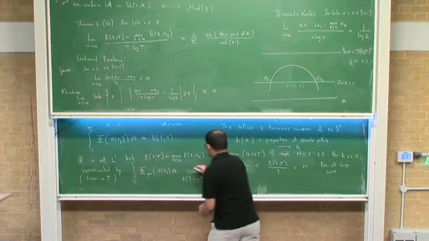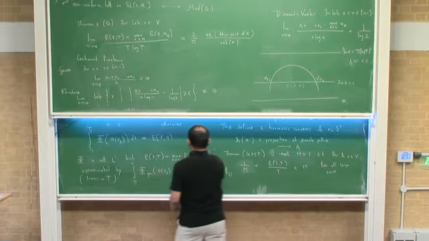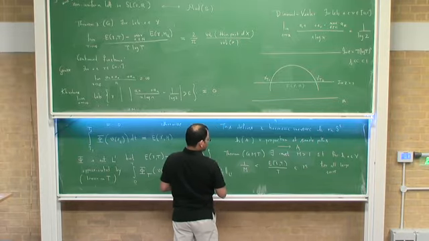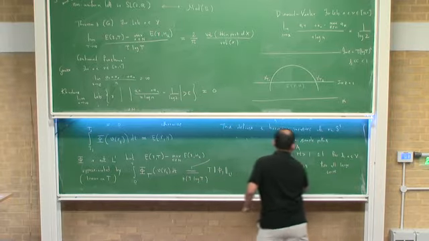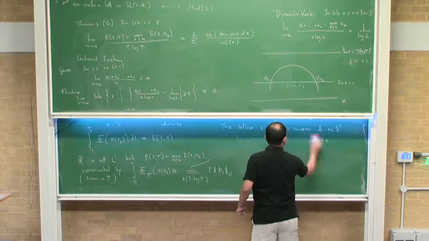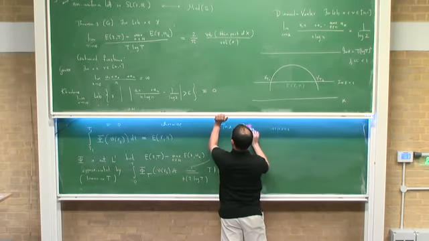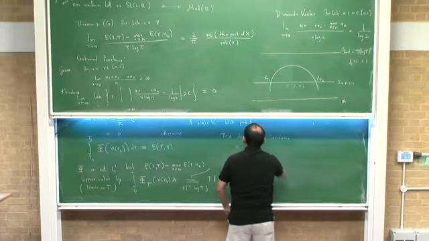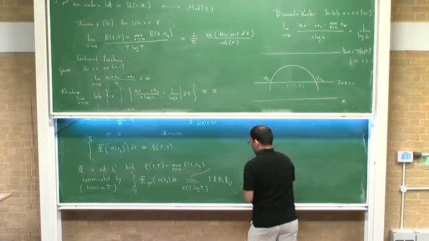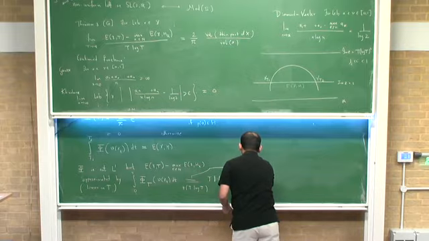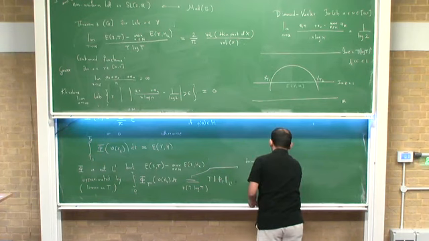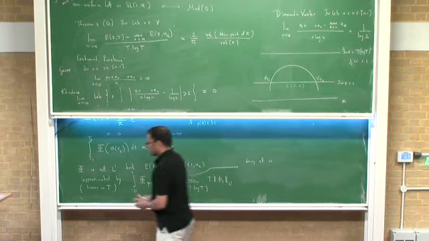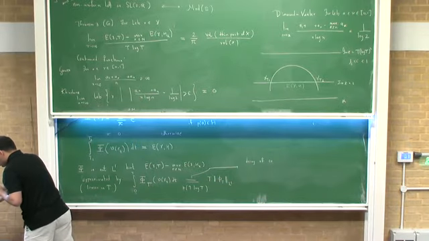So to prove the effective ergodic theorem needed here, for this statement here, we need decay of correlations. Make sure that I get this correctly.